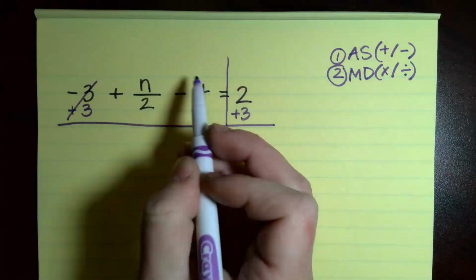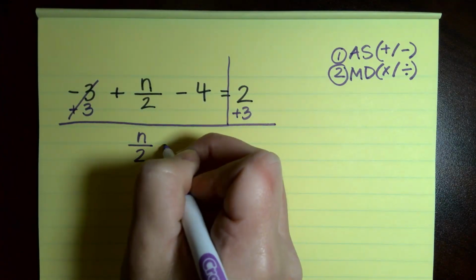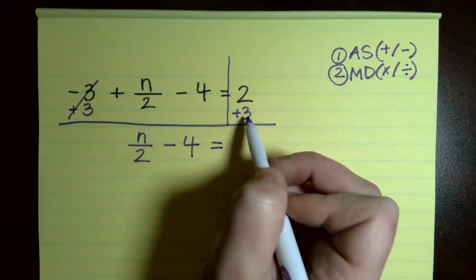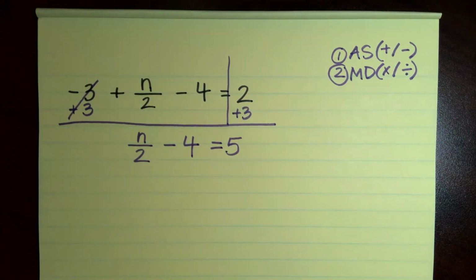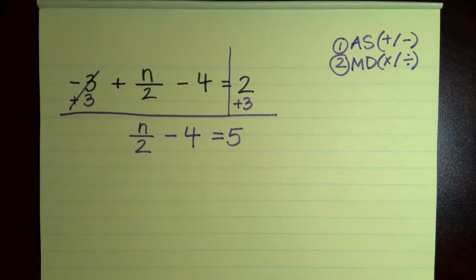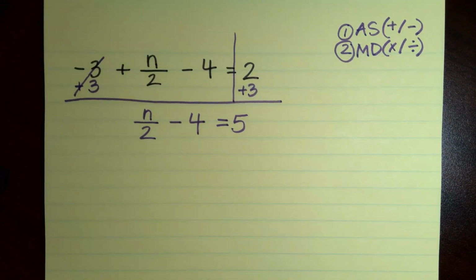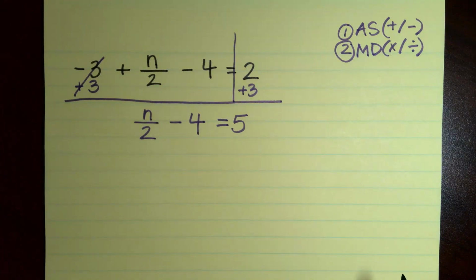That means I'm left with n divided by 2 minus 4 equals 2 plus 3 is 5. Okay. Now I have a whole new equation. I have n divided by 2 minus 4 equals 5.